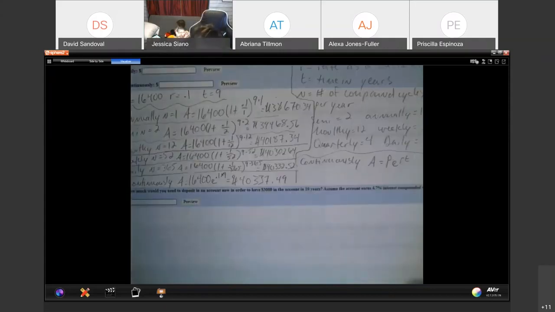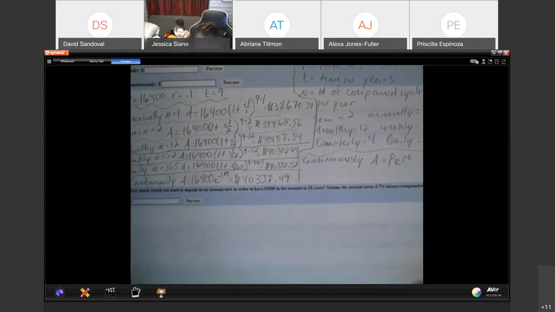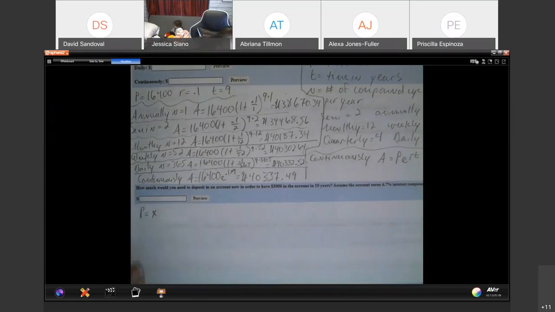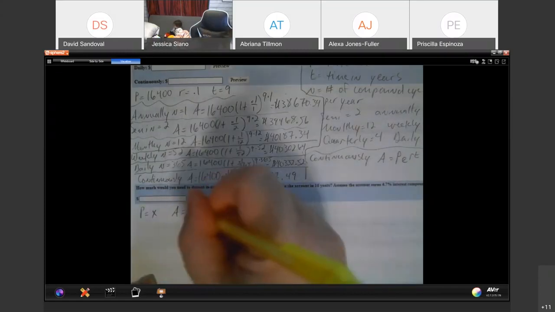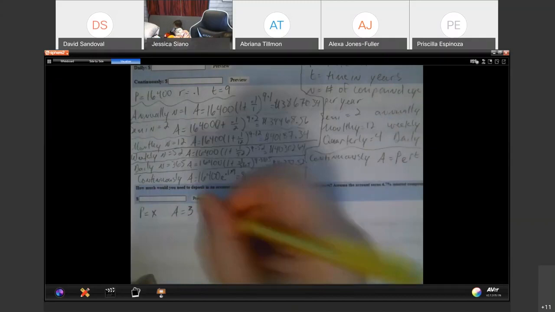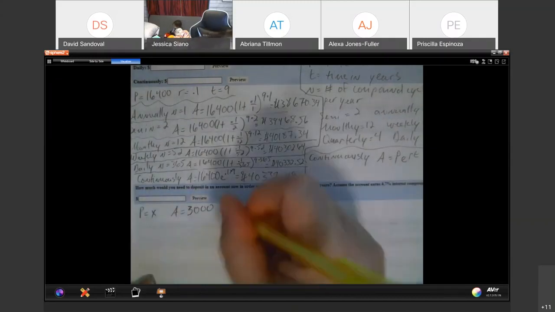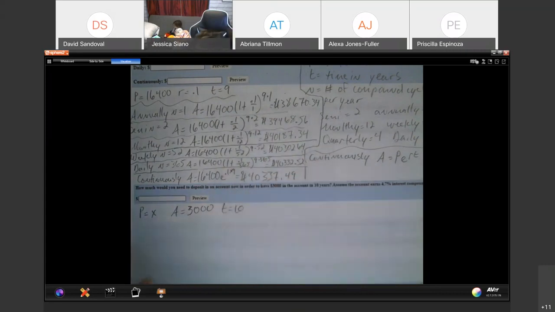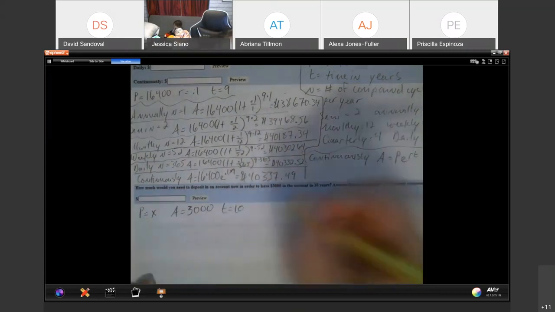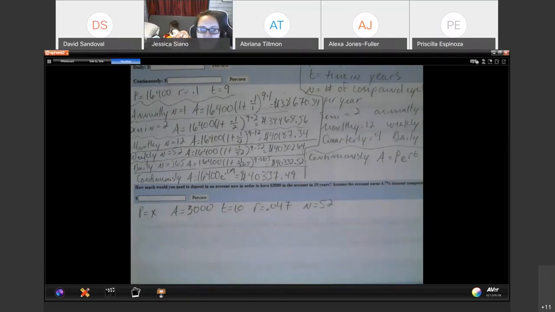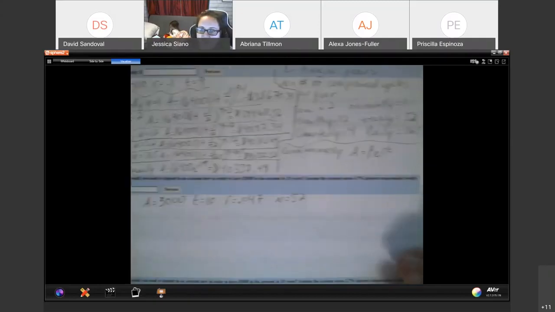Okay. How much would you need to deposit into an account now? So I'm looking for my principal, in order to have $3,000, which is my amount after time, in the account after 10 years, assuming it earns 4.7% interest compounded weekly.